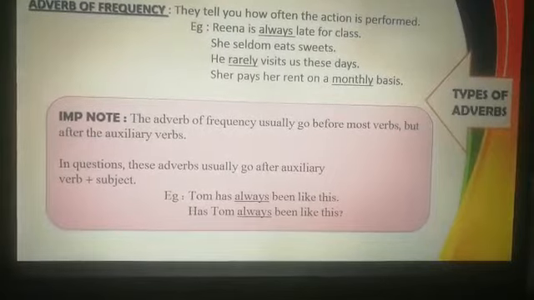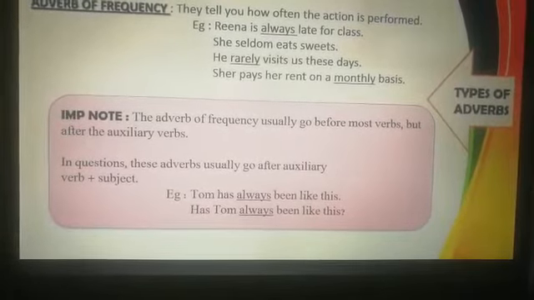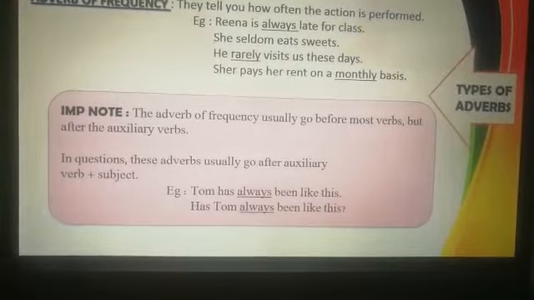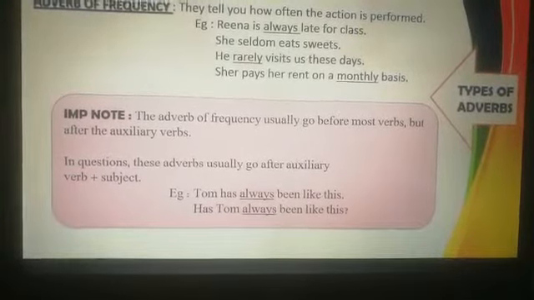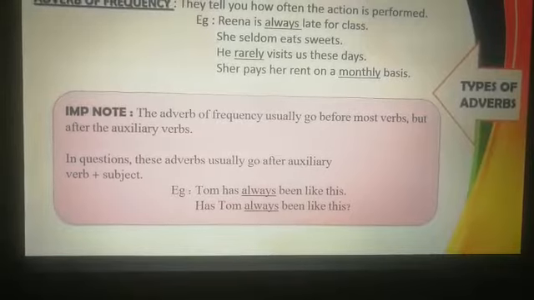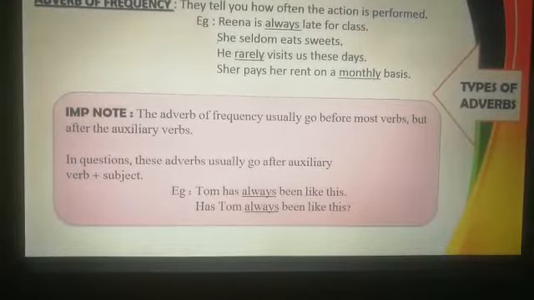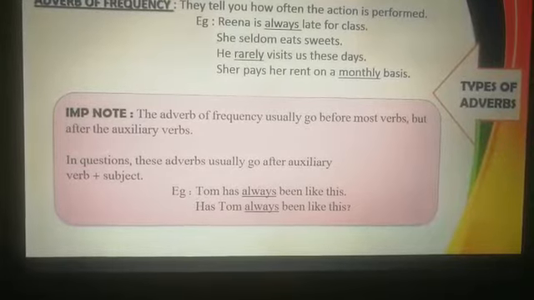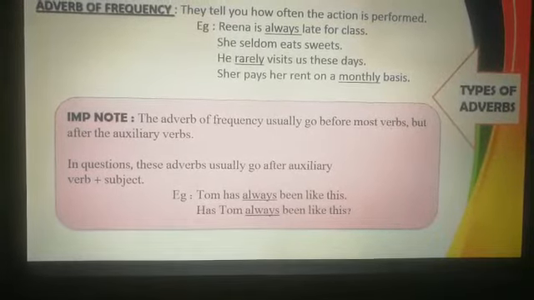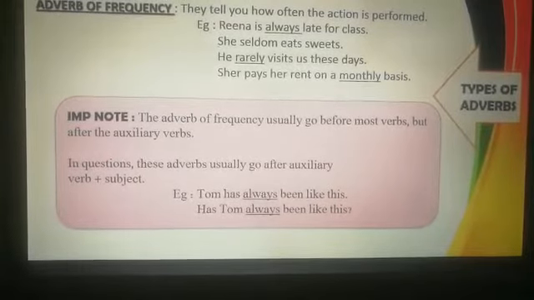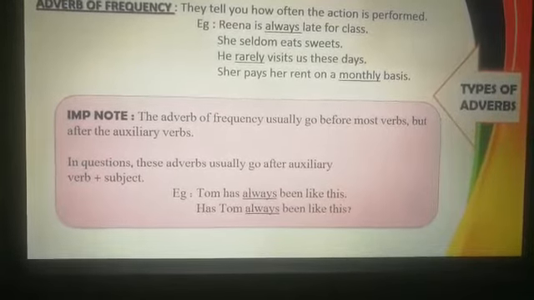So in the first example, the adverb of frequency is used before the verb and after the auxiliary verb. But when it is used in a question, it goes after the auxiliary verb. As you can see, has, auxiliary verb, then the subject, Tom.